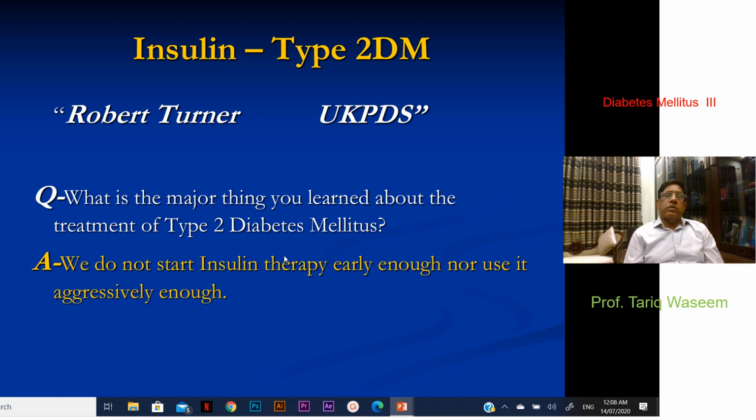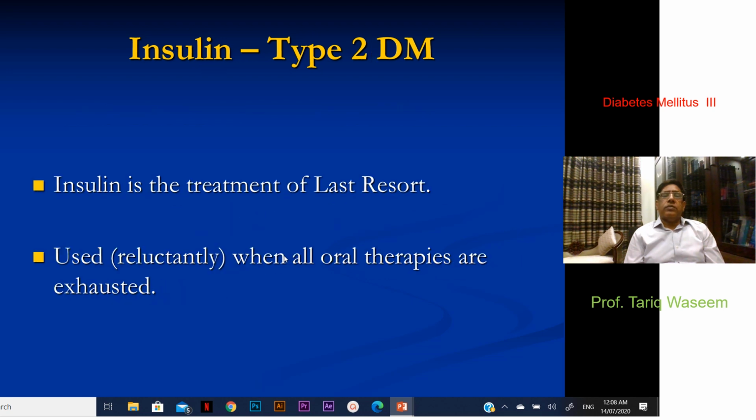And even once it is instituted and started, it is not pursued aggressively enough to achieve your glycemic control. Sometimes insulin is considered as possibly the last thing to be done in a patient with diabetes mellitus, and many a time the patient's perception is that he has gone to a stage where nothing works and only insulin would be required, and probably it's the end of the story.